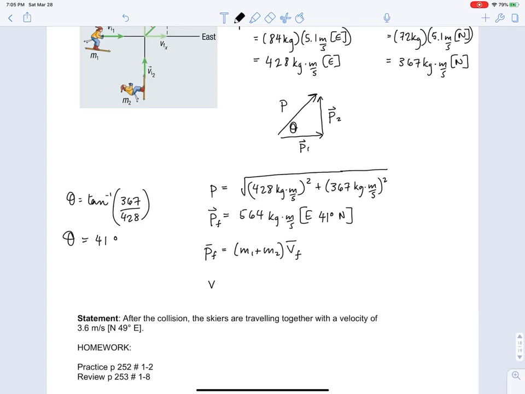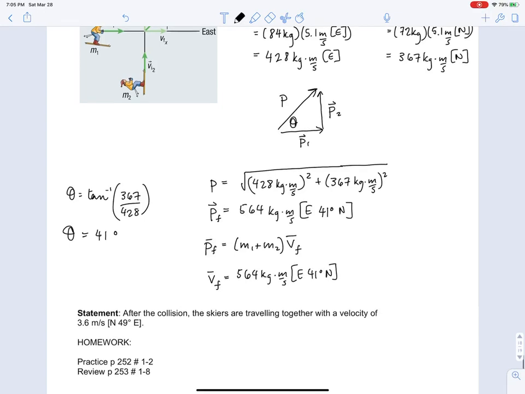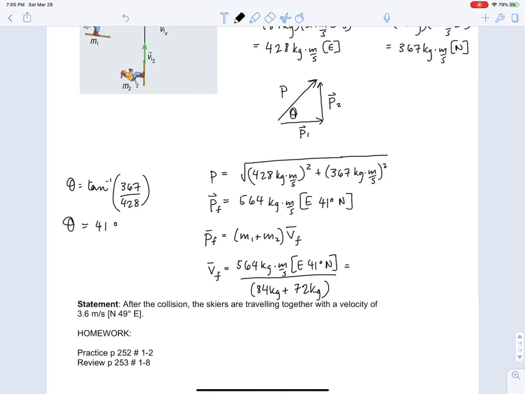So we can solve for final velocity: 564 kilograms times meters per second, 41 degrees north of east, divided by m1 plus m2, which is 84 kilograms plus 72 kilograms. Punch this in, and we end up with 3.6 meters per second, 41 degrees north of east.